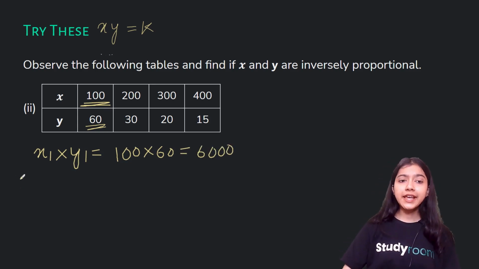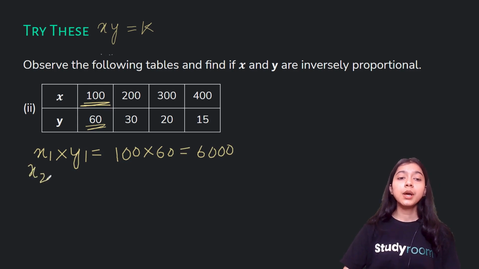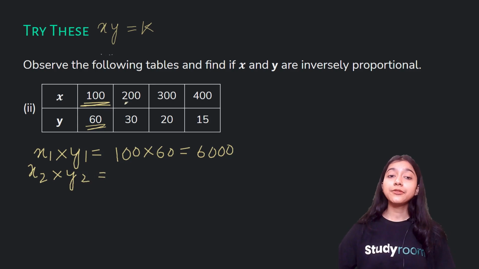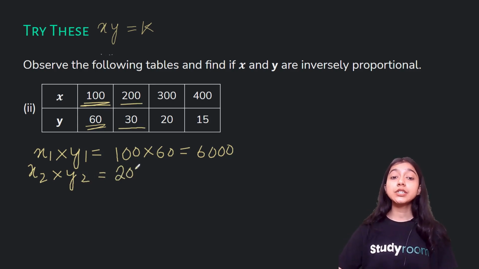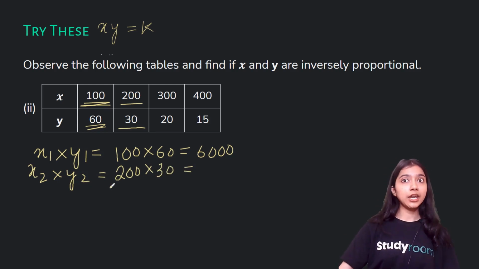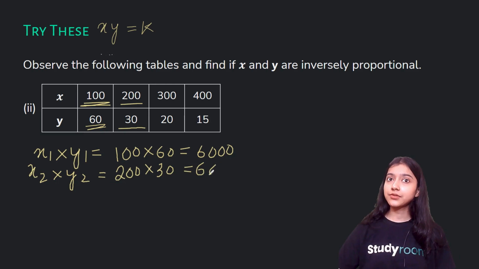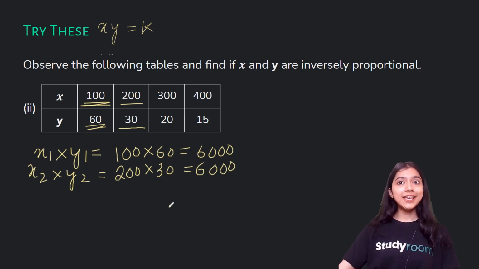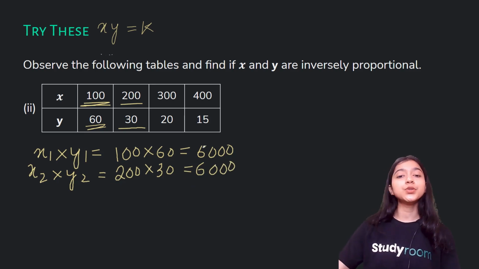Now let us solve for the next one. That means x2 multiplied with y2. In case of x2, we have 200 and y2 we have 30. Now we have 200 multiplied with 30. So 3 multiplied with 2 gives us 6 and we have 3 zeros. So again we get 6000 as the product of the two variables.